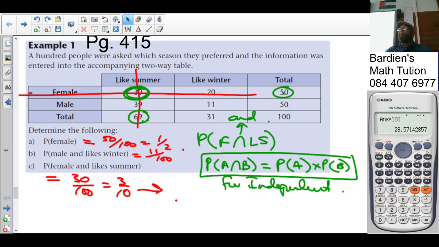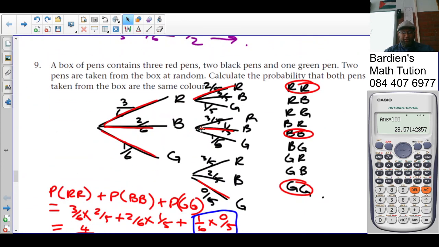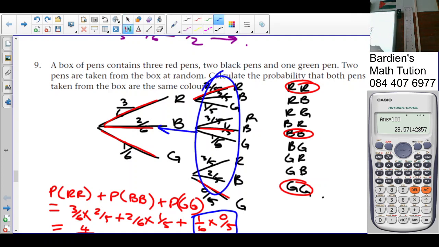Dependent. Why? Because the second row was dependent on the outcome of the first row. If red went first, that was the outcomes. If blue went first, that was the outcomes. Can you see? So these events are dependent.